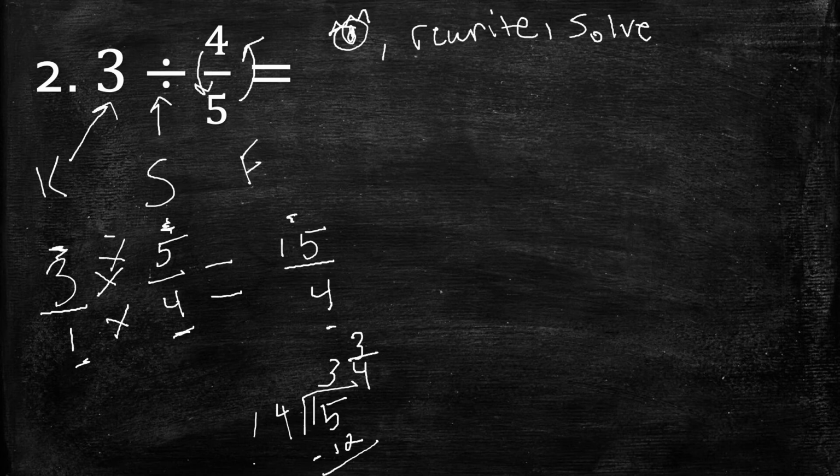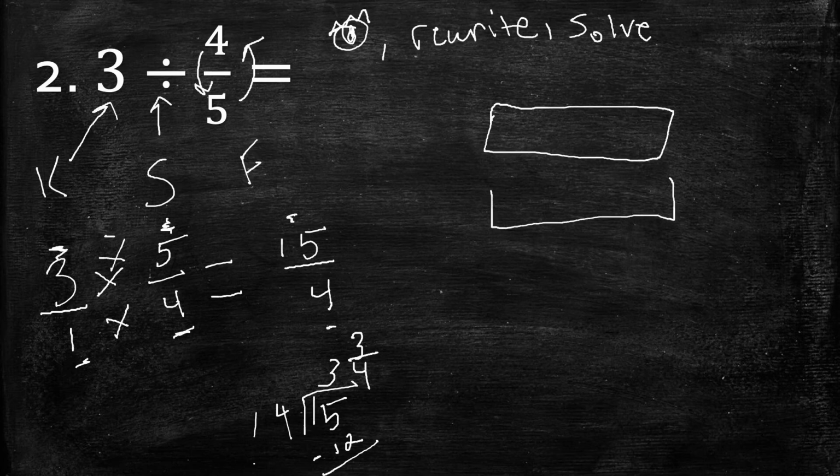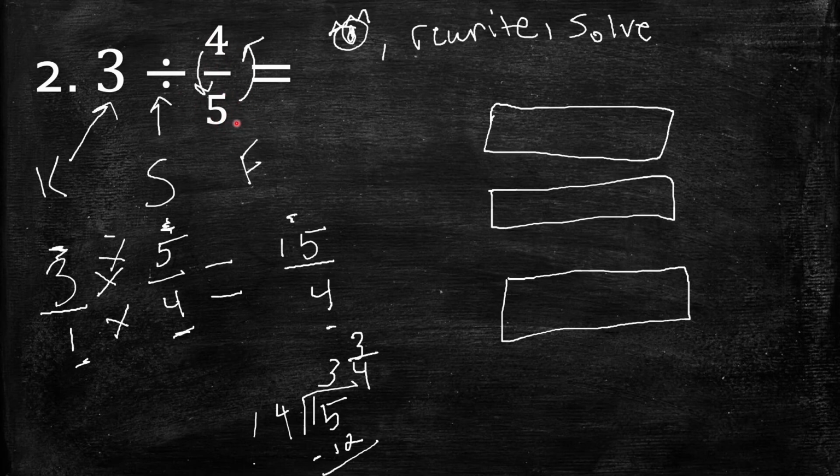So to check it, we can draw a picture. So I need 3 groups or 3 rectangles, and I need to figure out how many times am I going to split these groups. So now we're going to go back to our original problem, 3 divided by 4/5, and I know that the fraction that is given to us is fifths.